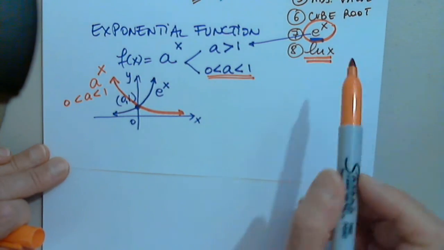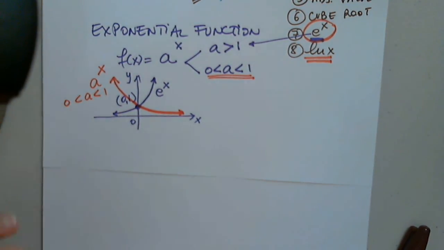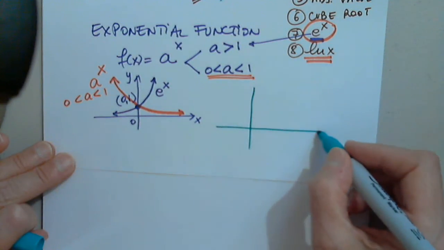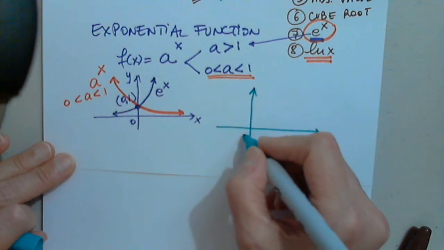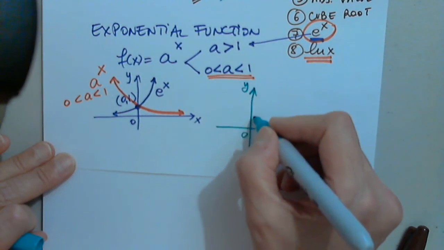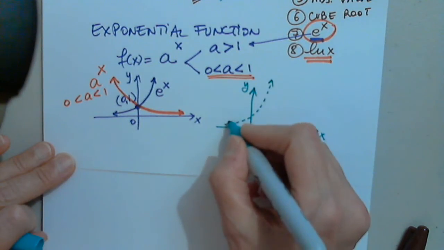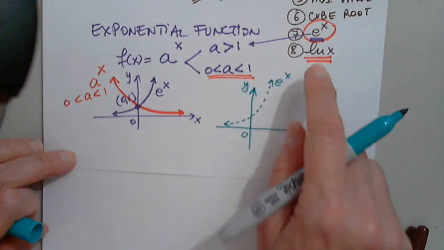Now the log function is the inverse of this one. They are inverses of each other. So here is natural log. So if this is e to the x, I'm going to graph it here. The origin, x, y, here is the graph. I don't want it solid because this graph will represent more natural log.